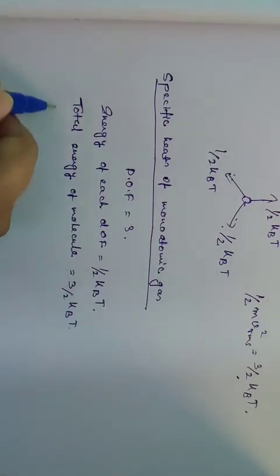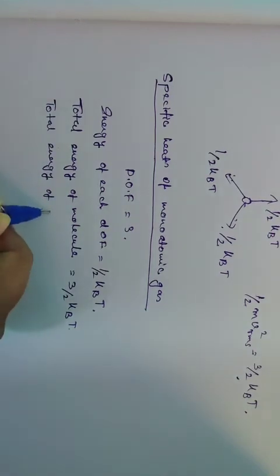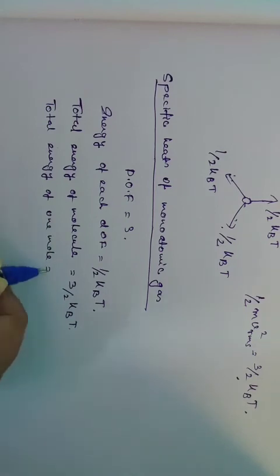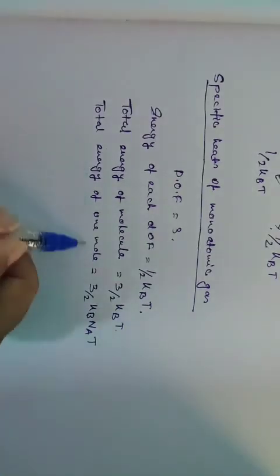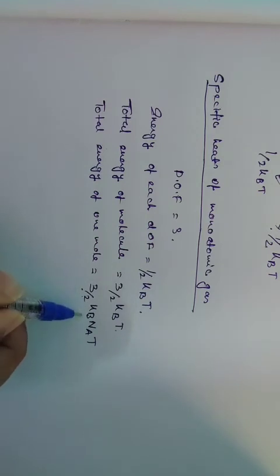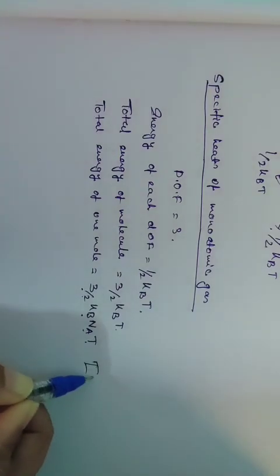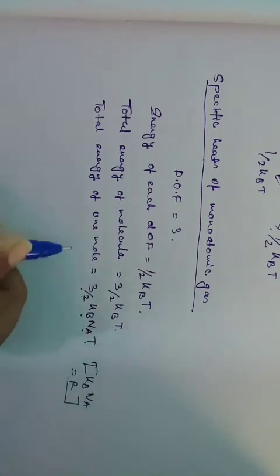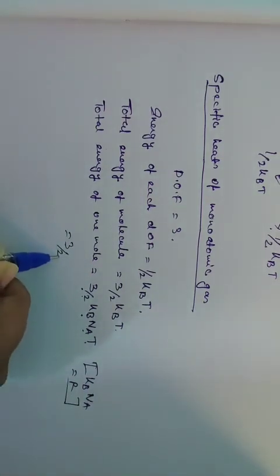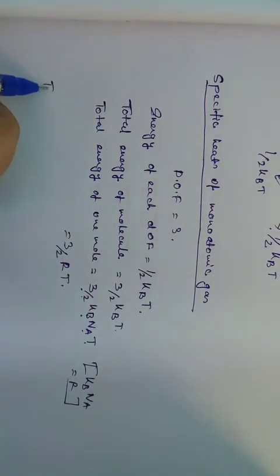We can find out the total energy of 1 mole by multiplying by Avogadro's number, that will be 3 by 2 kB NA. So kB NA equal to R, so we can write 3 by 2 RT.